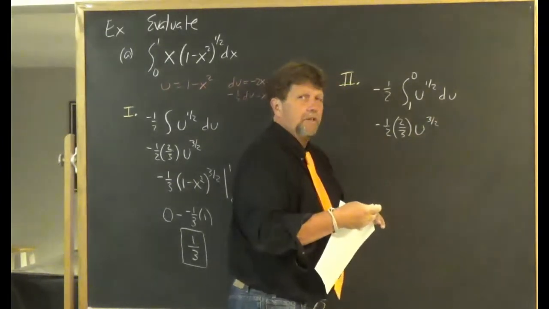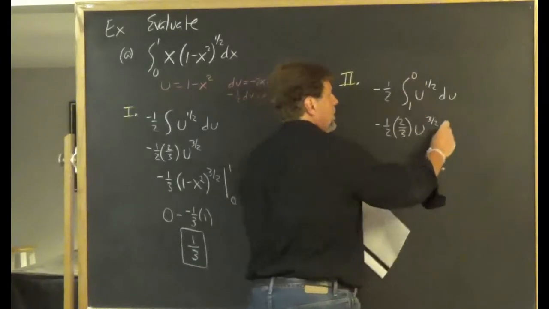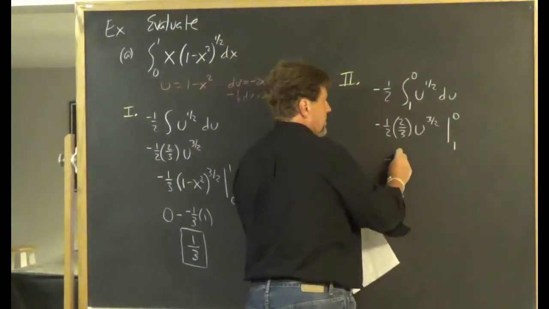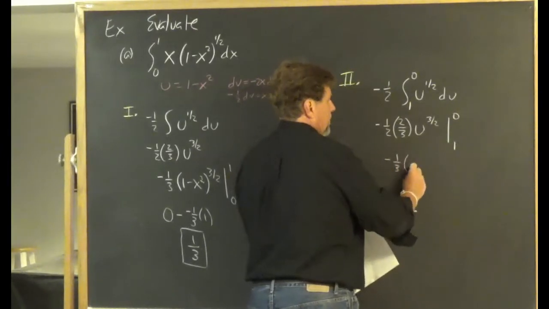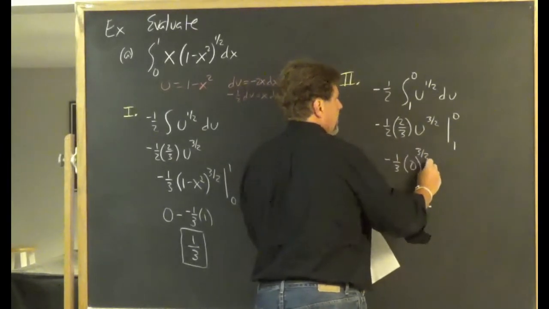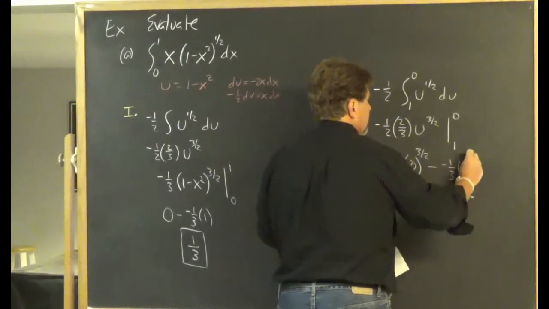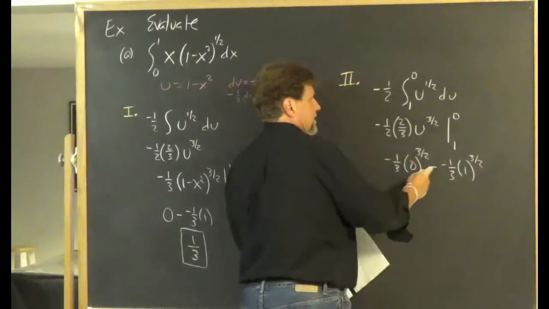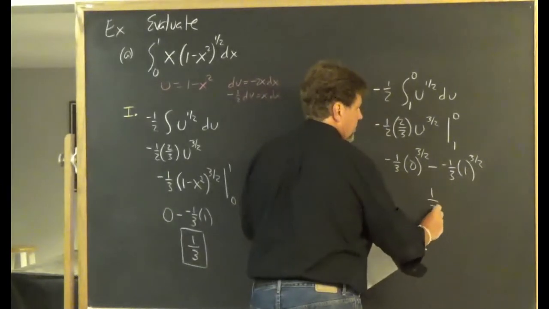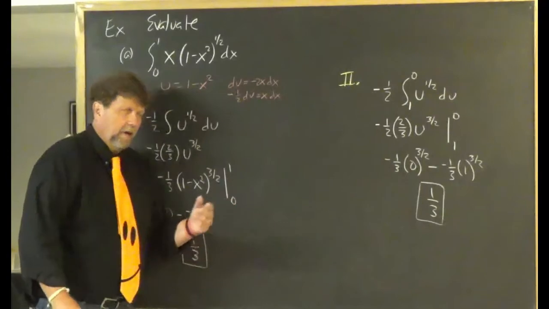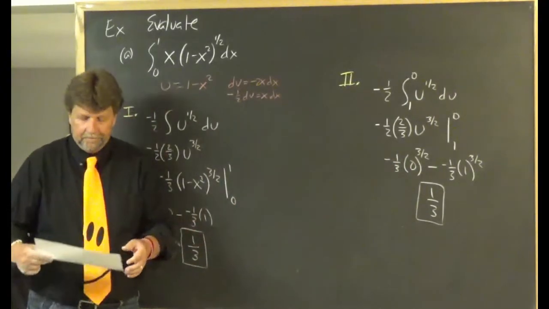But we don't resubstitute. We have u limits, so we can use the fundamental theorem of calculus. Negative 1/3 u to the 3/2, minus negative 1/3 times 1 to the 3/2. That's 0 plus 1/3, just 1/3. So of course we're going to get the same answer.